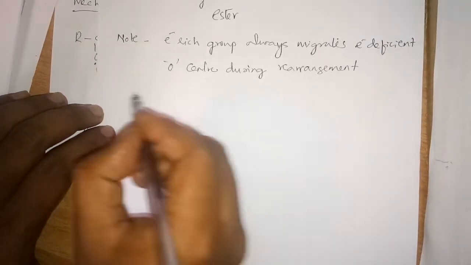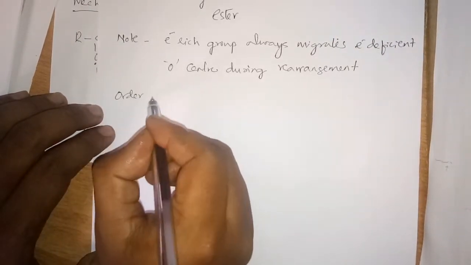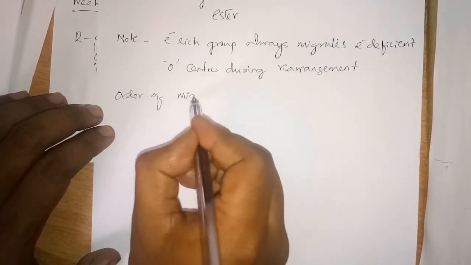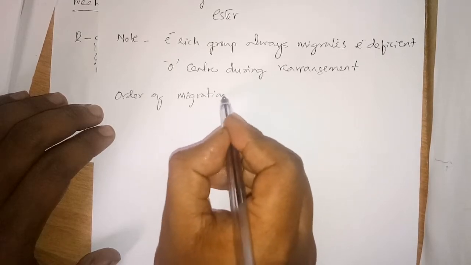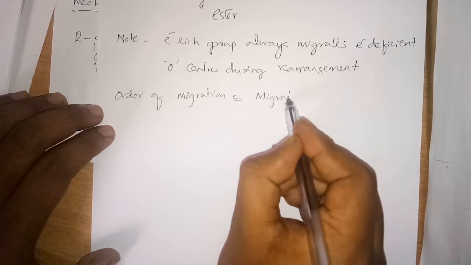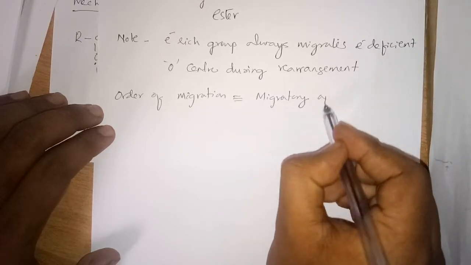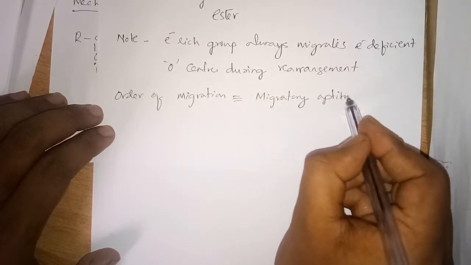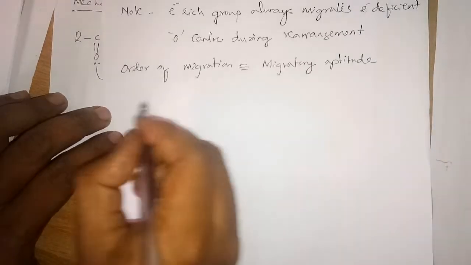Now the order of migrations, or priority of migrations, or migratory aptitude, is as follows.